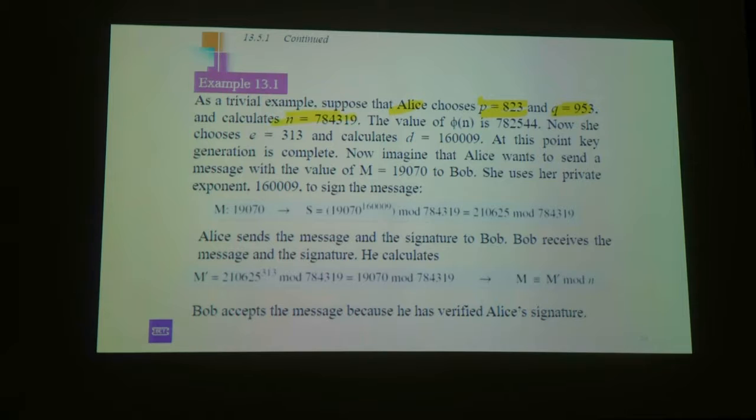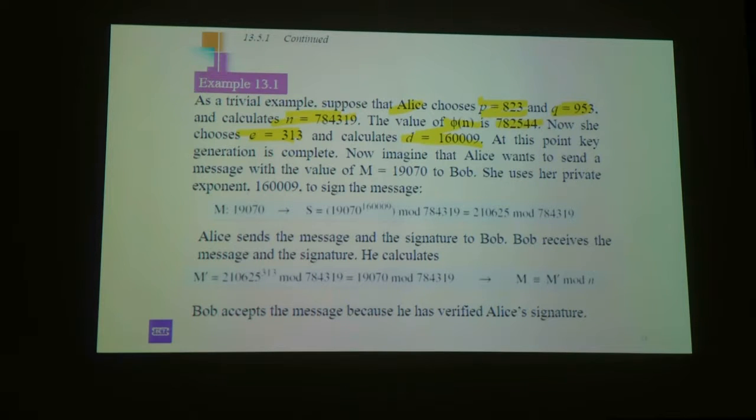And then we calculate phi N. What is phi N? P minus 1 times Q minus 1 will give you this number. Now she chooses this number E, and calculates D, which is this number. What's E? The public key, and D is the private key. At this point, key generation is complete.